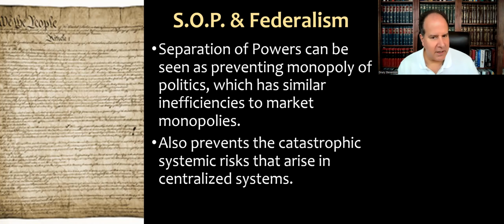When you centralize power, a mistake that person makes, either because they're just wrong or they had imperfect information, or something goes wrong in the process, has huge systemic effects. When you have separation of powers, you decentralize and deconcentrate some of the power, and that helps lower the risk of systemic risks to society overall.